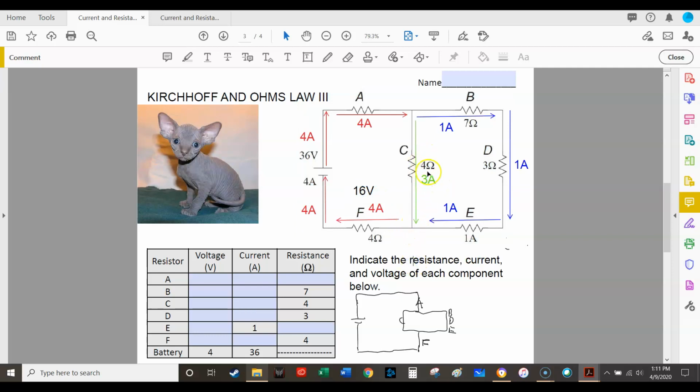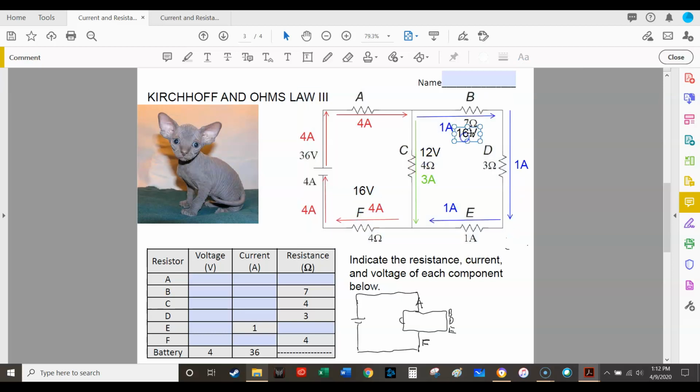And over here, I'm going to try to start filling in the blanks. Everywhere I see that I have 2 variables, I'm going to apply Ohm's law. C is 4 ohms and 3 amps. So that's got to be 12 volts. 4 times 3 is 12. B is 1 amp and 7 ohms.